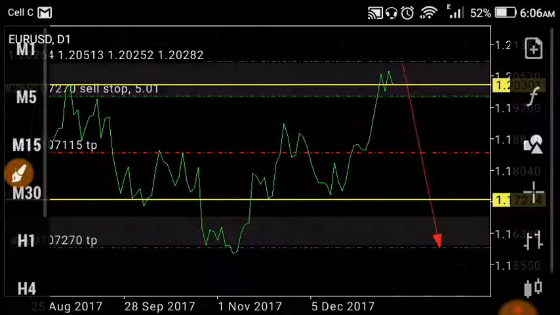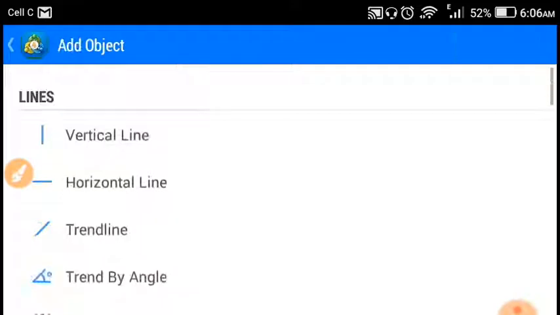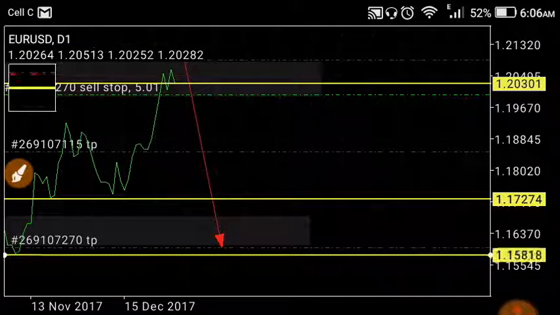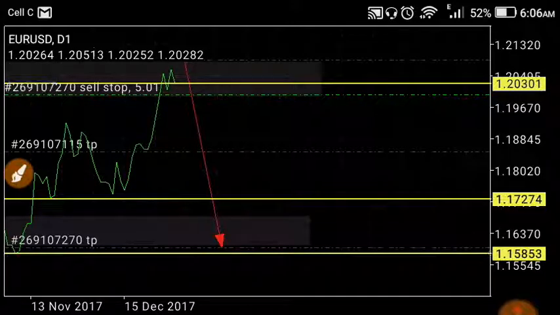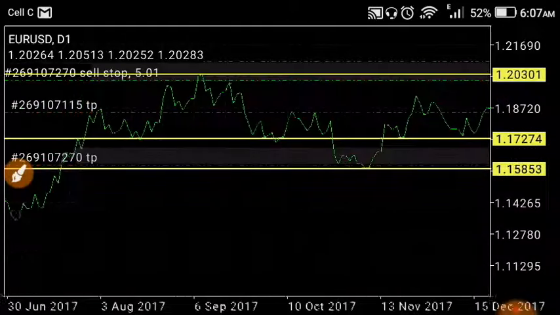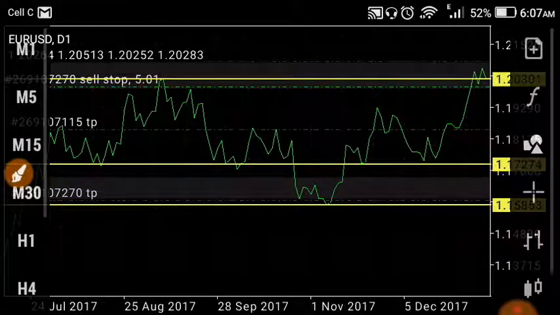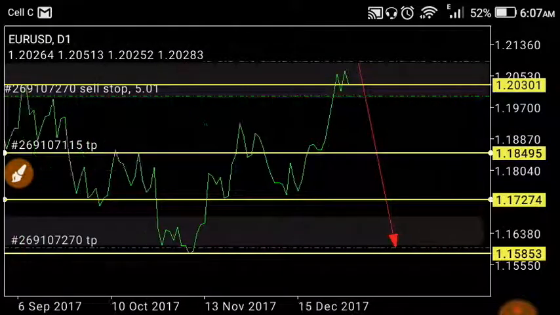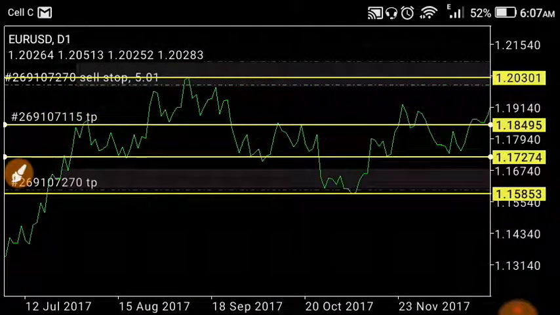And then we have another one here at the low, of course. Just put that there, and we have another one right here, somewhere here. Yes, there you go.